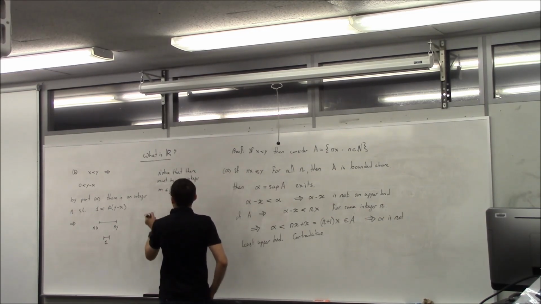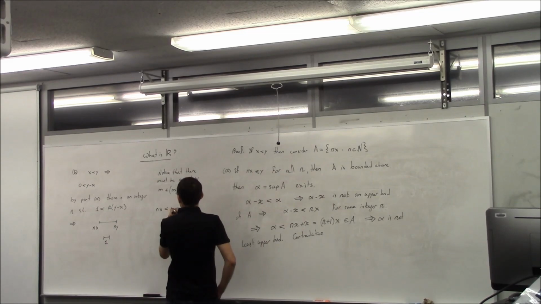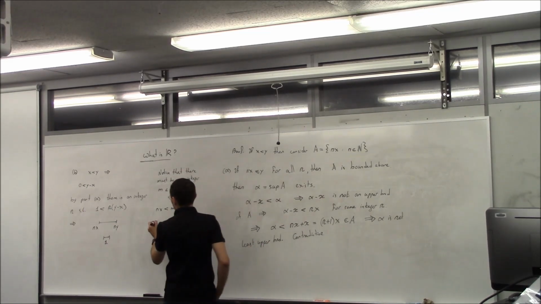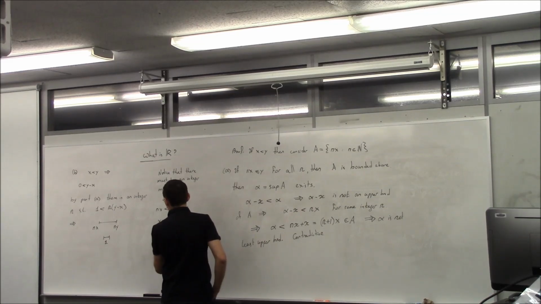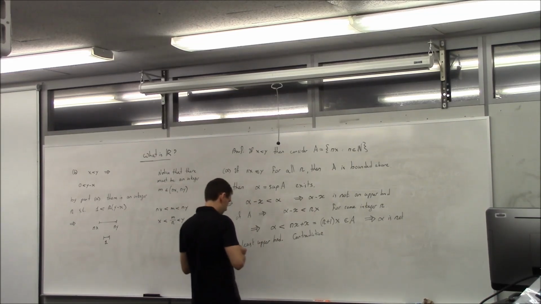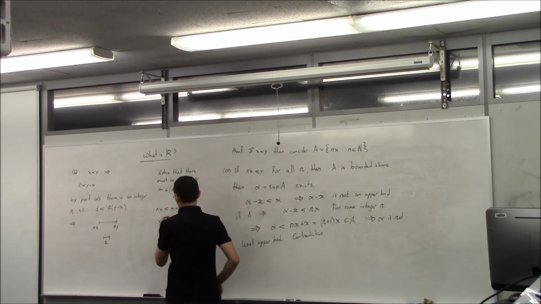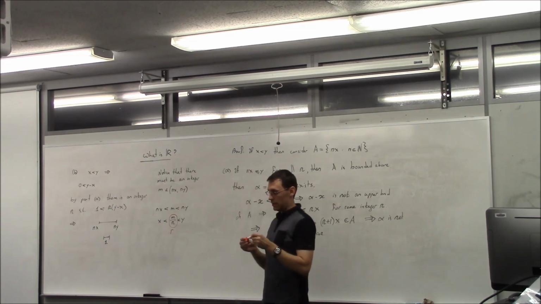And so we have that nx is smaller than m, smaller than ny, and now I divide everything by n, and I get x smaller than m over n, and smaller than y, so that means that here is our r. Found r. Okay.